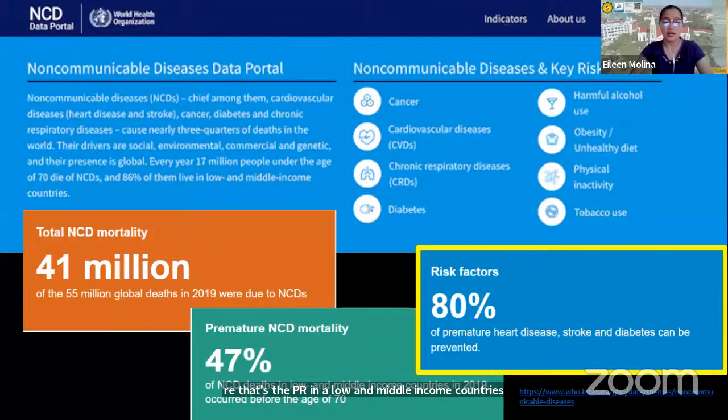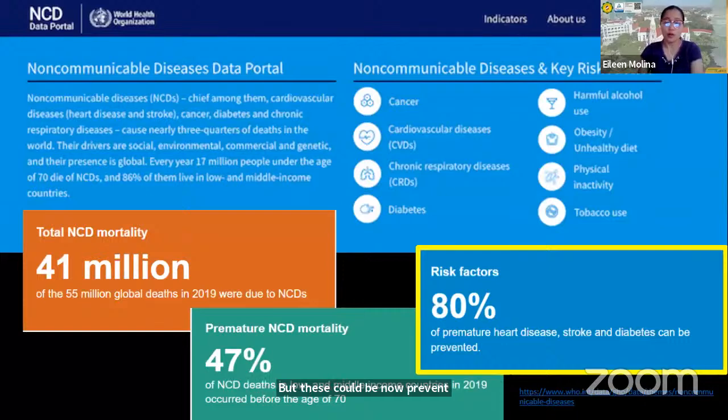The WHO site also says that 80% of the risk factors of premature deaths come from cardiovascular diseases such as heart disease, stroke, and diabetes. But these could now be prevented.